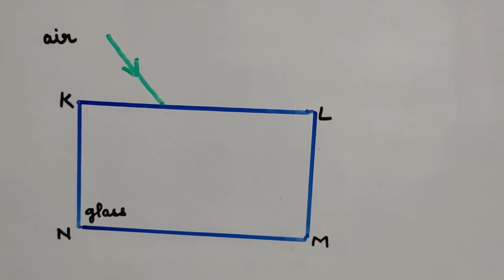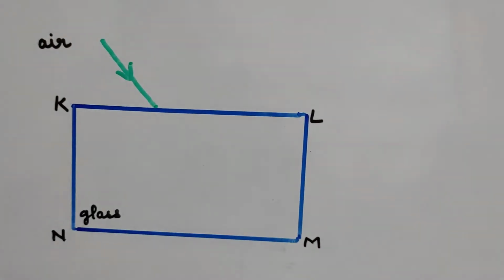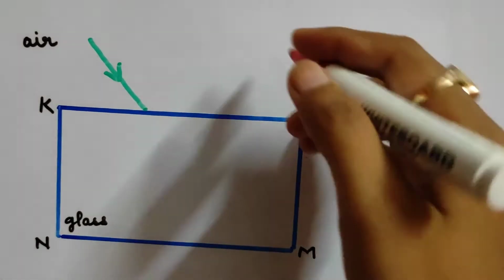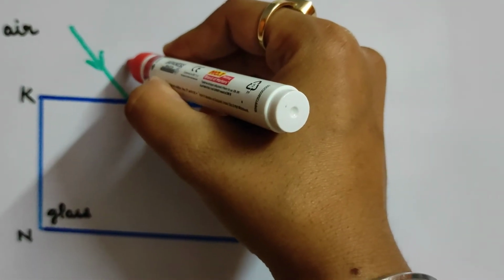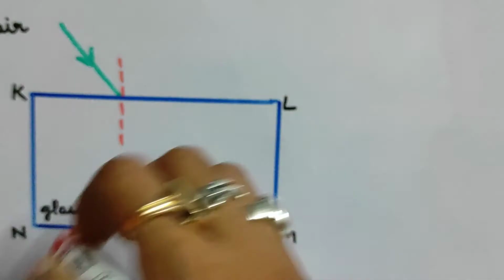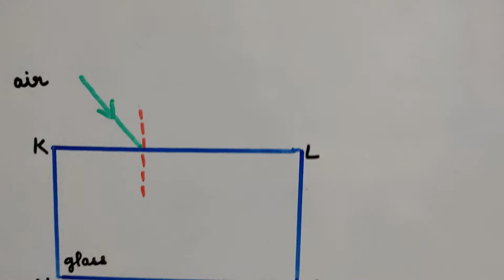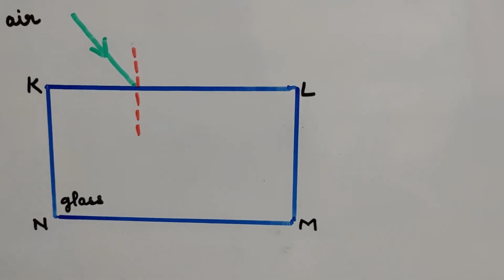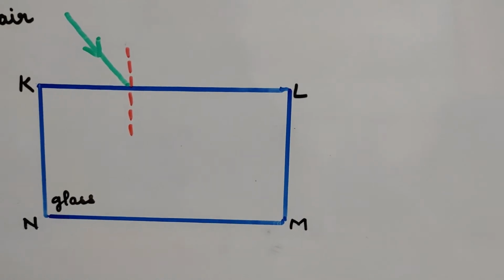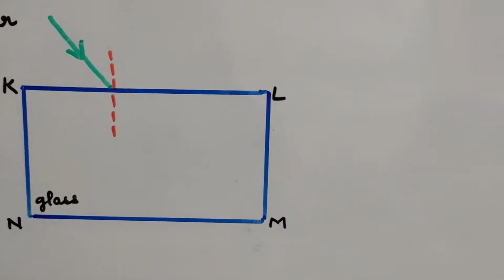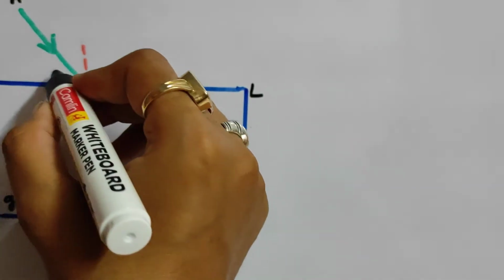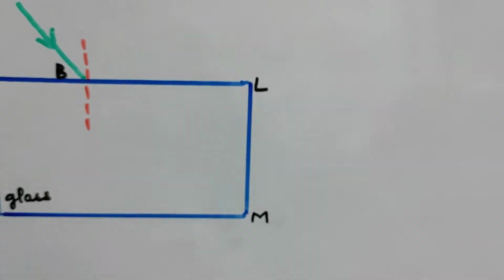Now what does obliquely mean? At an angle. Fine. Now we will draw a normal here. Okay. What is normal? It is a line perpendicular to this KL. Fine. Now let us name this ray as, suppose this is point A and this is point B. Okay.